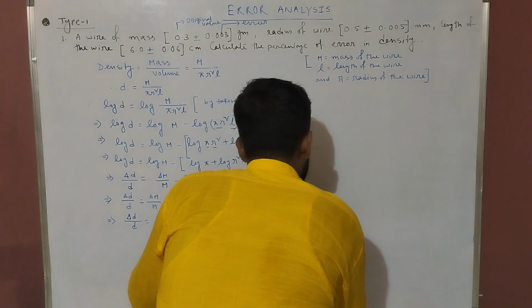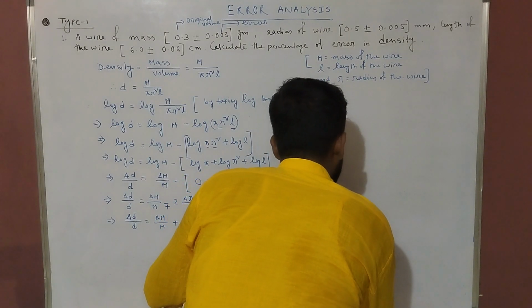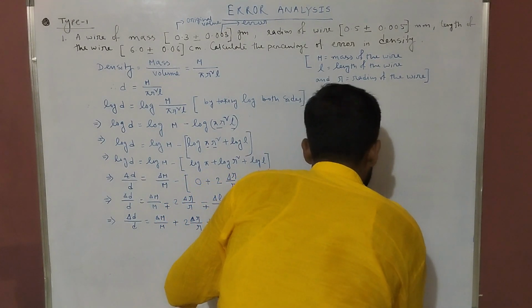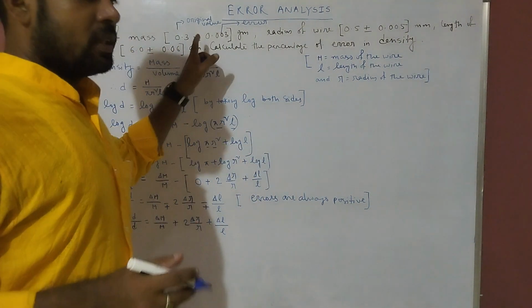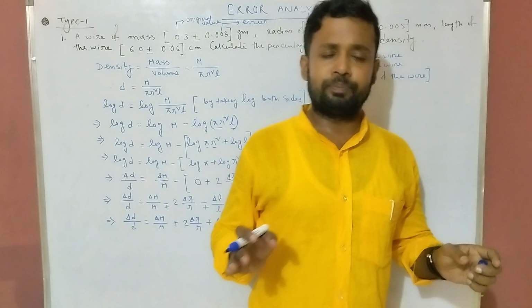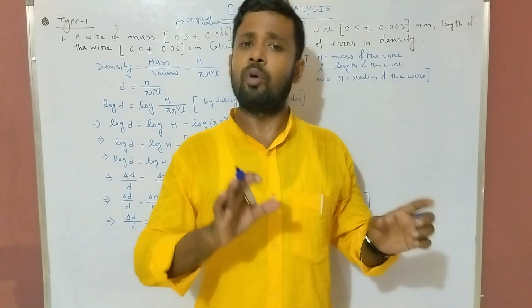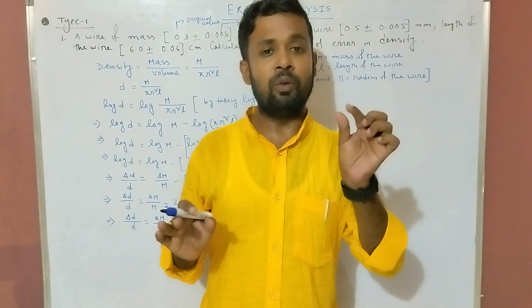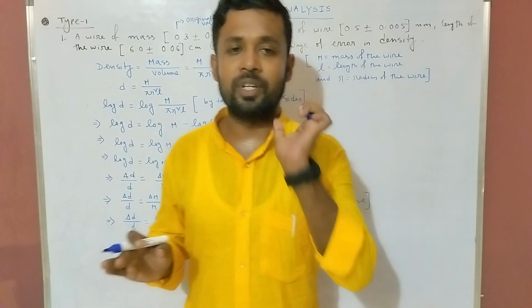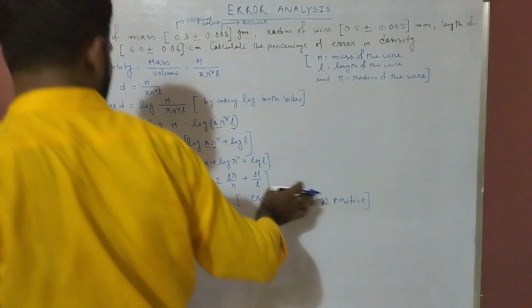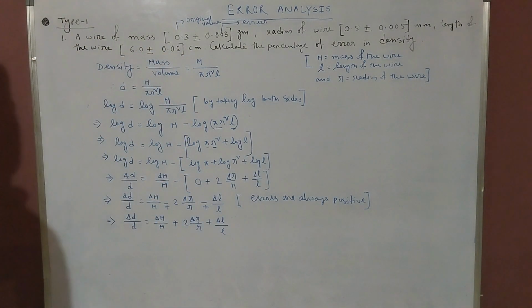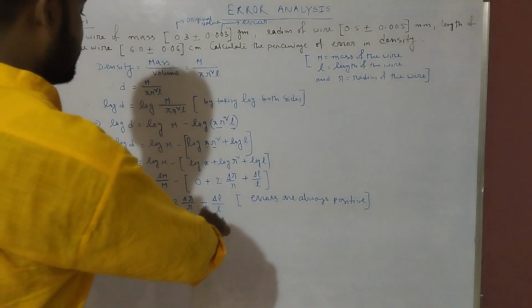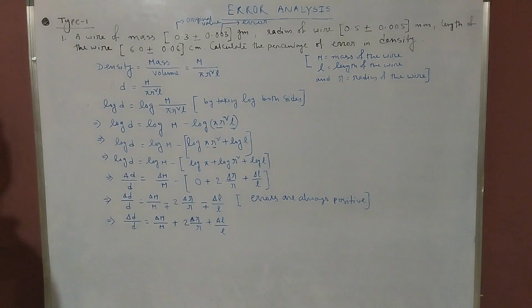Errors are always positive means this is error, it can be more or less from original value, but the value of the error will be always positive. That's why this minus will be positive. All minus will be positive ultimately. So we can write del d by d is equal to del m by m plus 2 into del r by r plus del l by l. Understood or not?